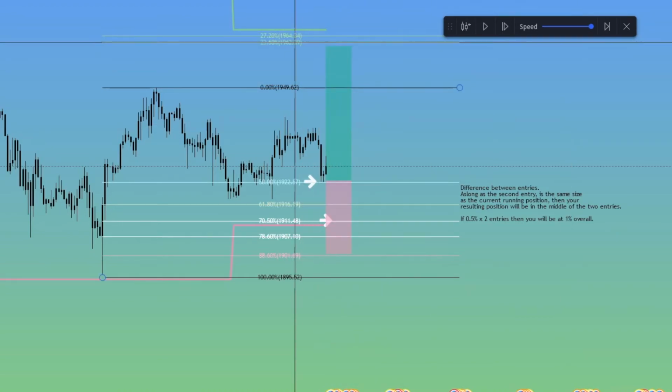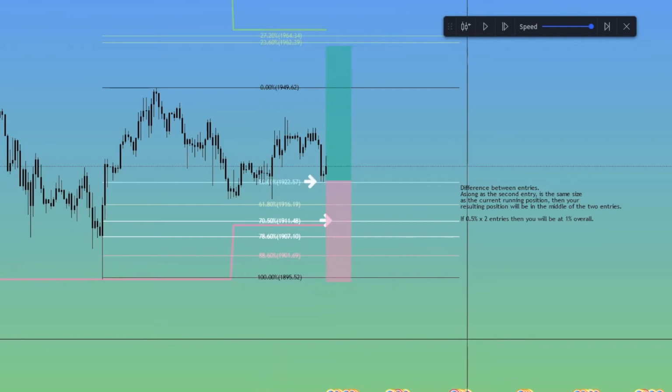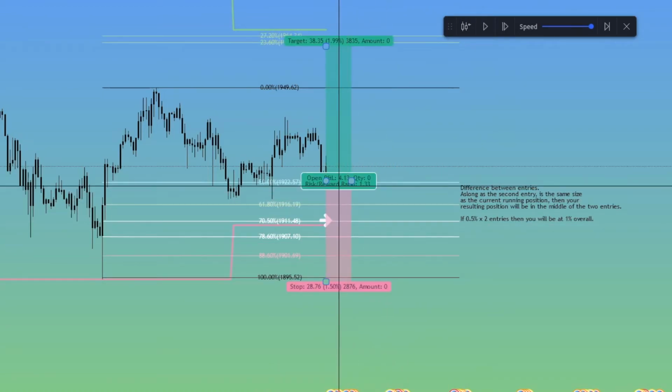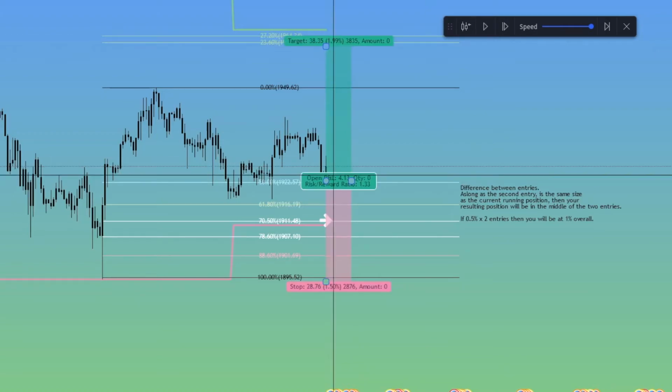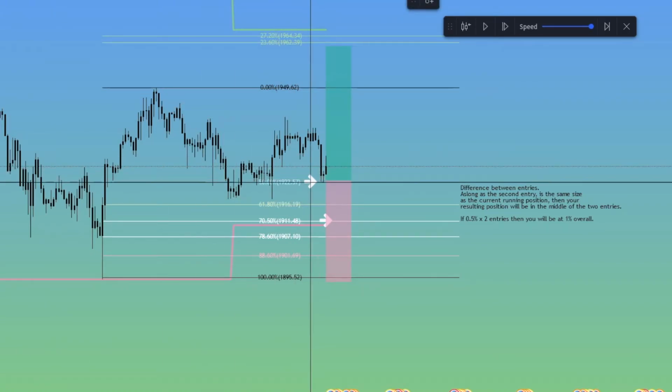Our target is obviously up at the top there, and our risk below the 100% line. But let's not focus on that for now. What I want to bring home is the middle line. This is where we're at the moment. Let's signify that with an arrow. Oh, the arrow's just there.